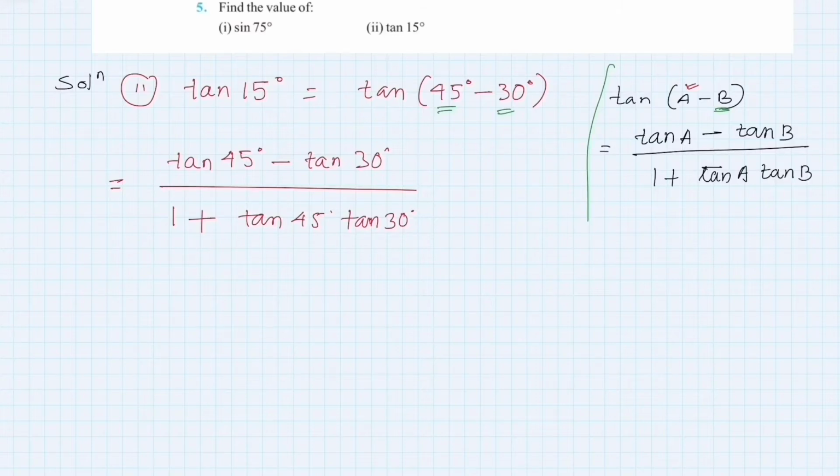Now let us put the values of tan 45 and tan 30. Tan 45 is 1, tan 30 is 1 by root 3, and in the denominator, 1 plus tan 45 is again 1, tan 30 is 1 by root 3.